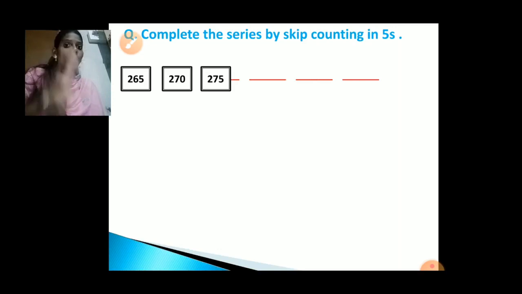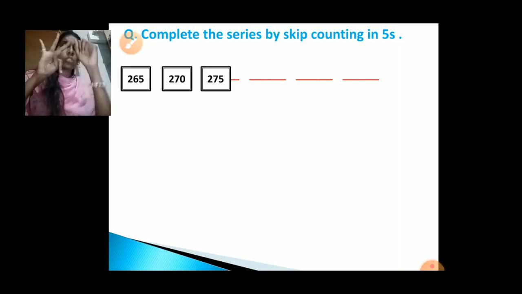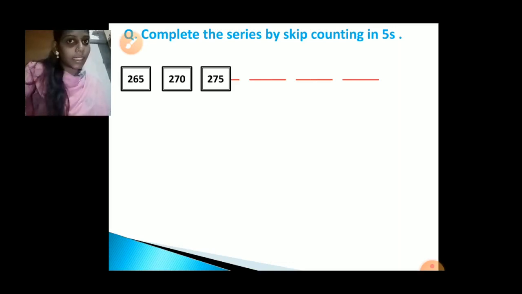Correct, 270 is our next number. Then after 270, if we skip 5 numbers, we get 275: 271, 272, 273, 274, 275.